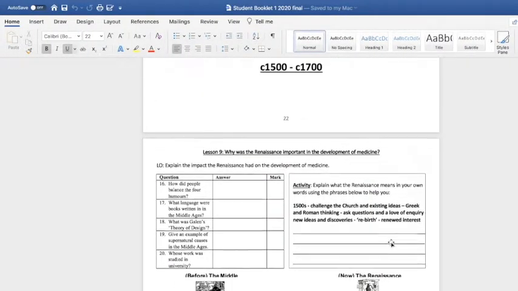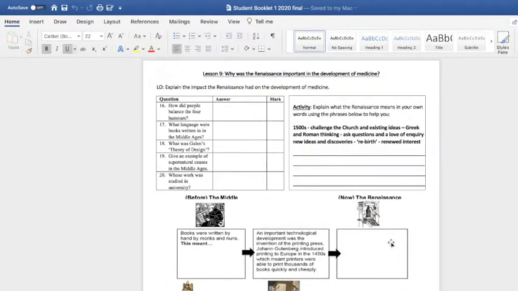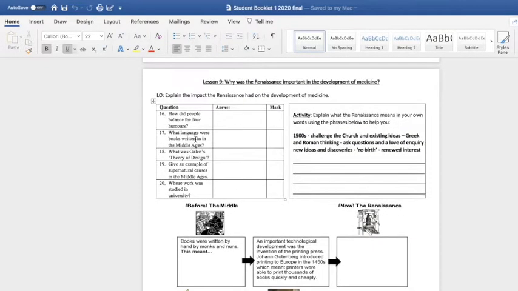Lesson 9 starts from page 23, and you have, as usual, your low stake quiz questions. Please answer the questions. Again, they will be about what you've studied, so it will be about the Middle Ages. You then have a list of activities. Thinking about what I've just said, explain what the Renaissance means in your own words.